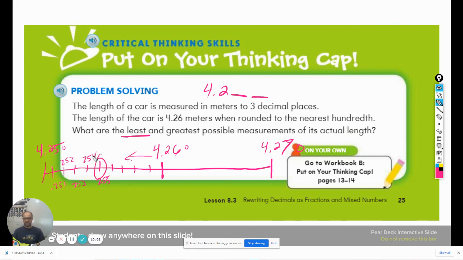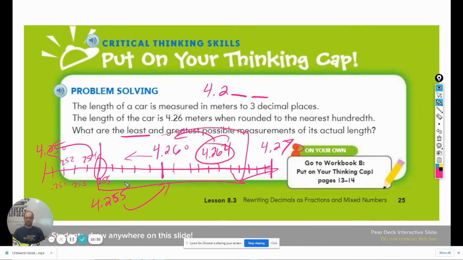Well, 4.255 is the smallest. And then the same thing here, 1, 2, 3, 4, 5, 6, 7, 8, 9, 10. 261, 262, 263, 264. 264 will round that way. 255 will round that way, but then everything here will go forward and everything from here will round back. So that's your range. Those are your two answers.